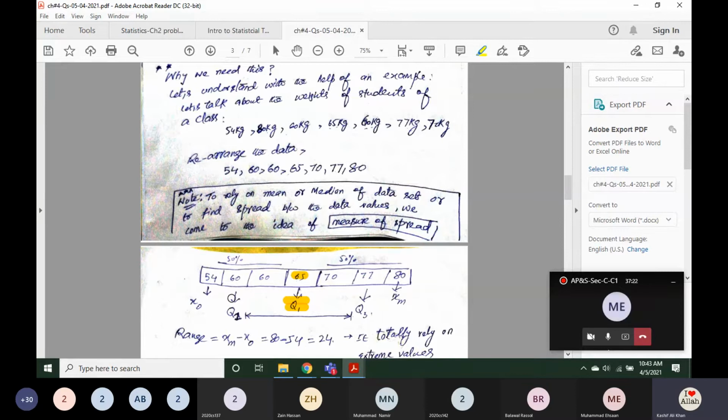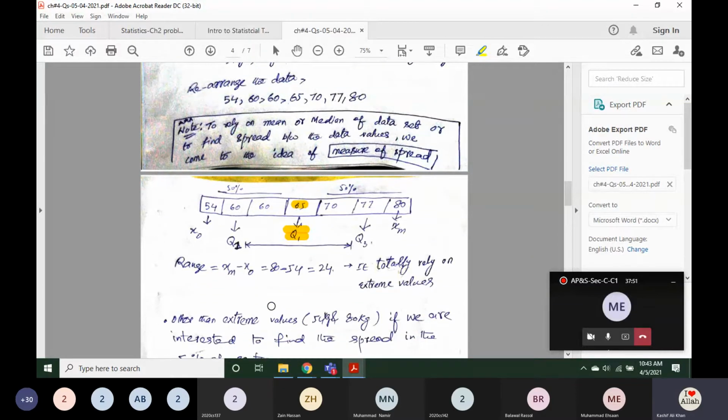Now what will be the spread from Q1 to Q3? For that you need to compute the range of this data. The range of this data is Q3 minus Q1. So Q3 minus Q1 means 77 minus 60. You get the range 17. And that is basically called the interquartile range.